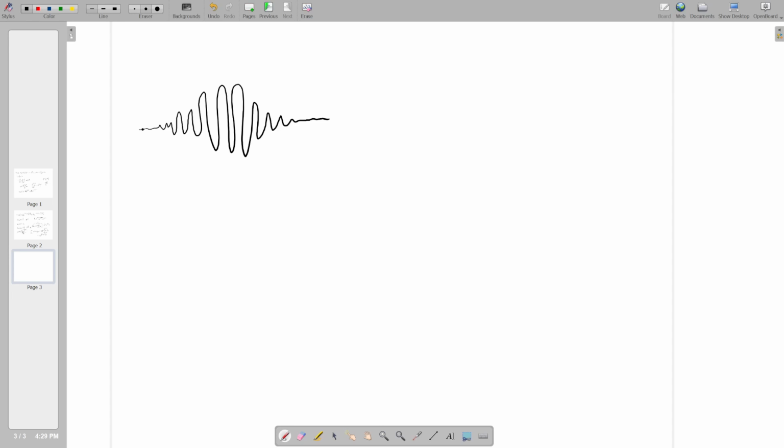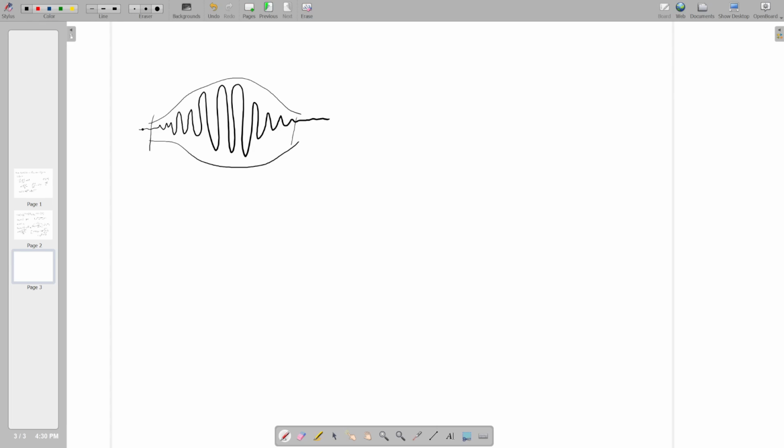So this envelope represents the group. Oh, I should specify, I realized I wasn't drawing there. This is the envelope here. You can sort of see it envelops it, hence the name. This is the envelope of the wave packet.